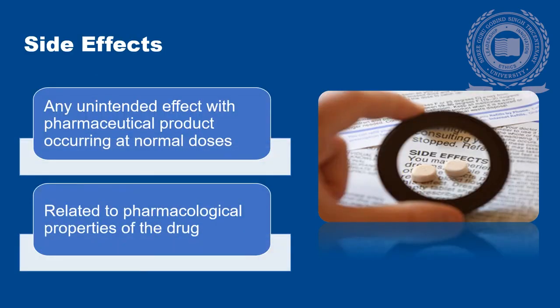Side effects. They are any unintended effect of a pharmaceutical product occurring at normal doses, which are related to the pharmacological properties of the drug. Generally, they are not serious, but may occasionally be hazardous. Side effects can be predicted from the pharmacological profile of a drug and are known to occur in a given percentage of drug recipients.